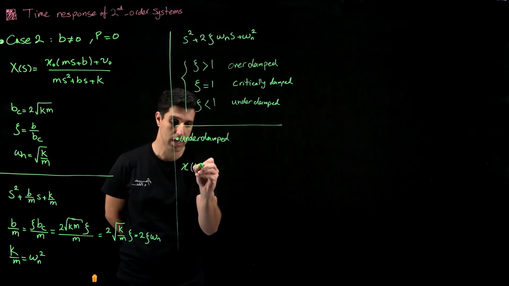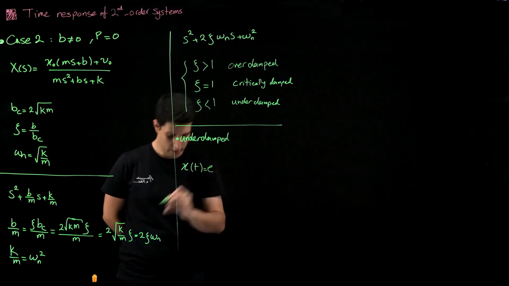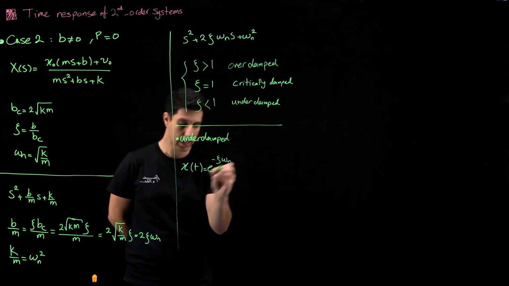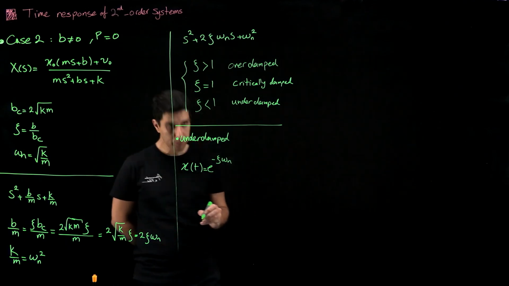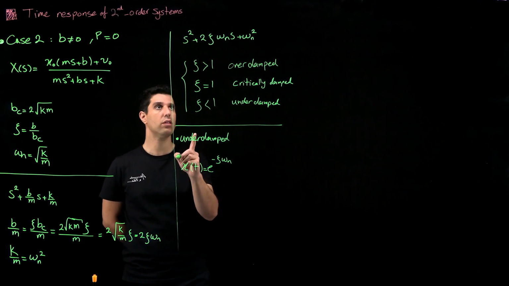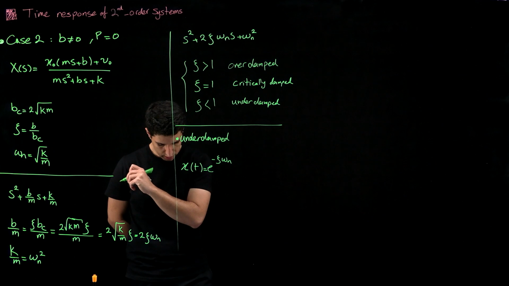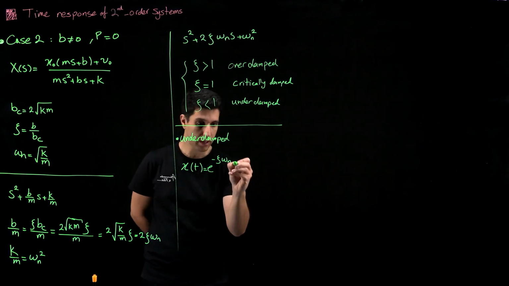So x of t is going to be e to the minus zeta omega n t.